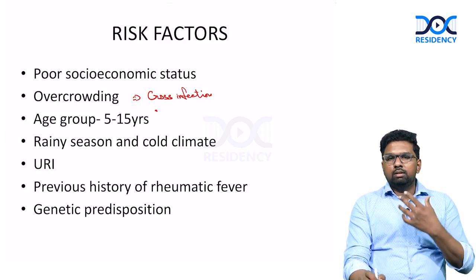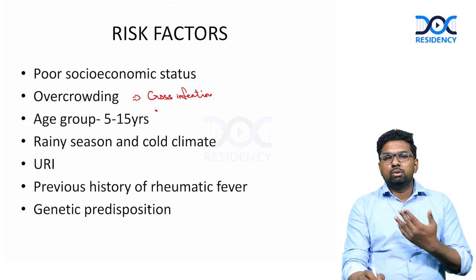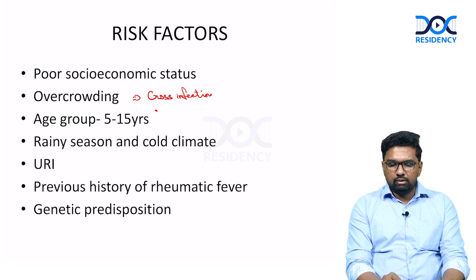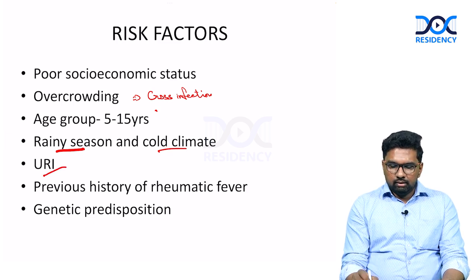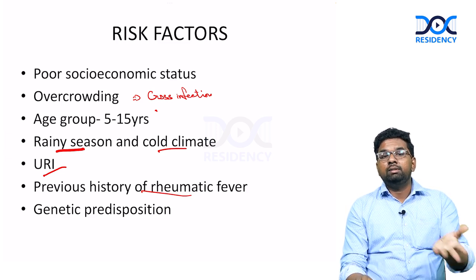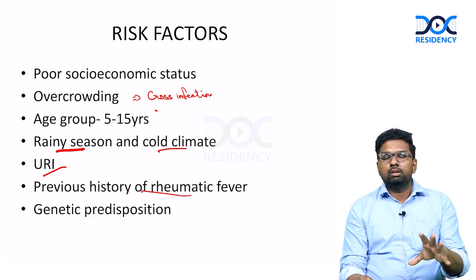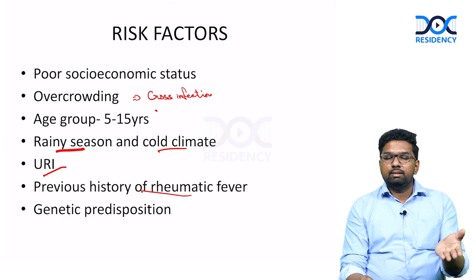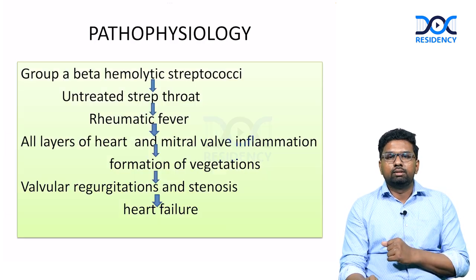Cross infection and sore throat are more common in the rainy season and cold climate. Associated URI, previous history of rheumatic fever, and any genetic predisposition for valvular heart disease will aggravate the situation.